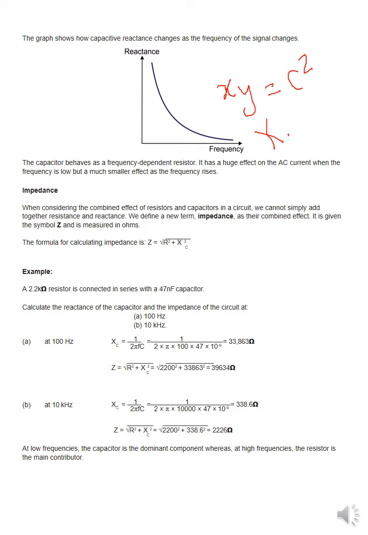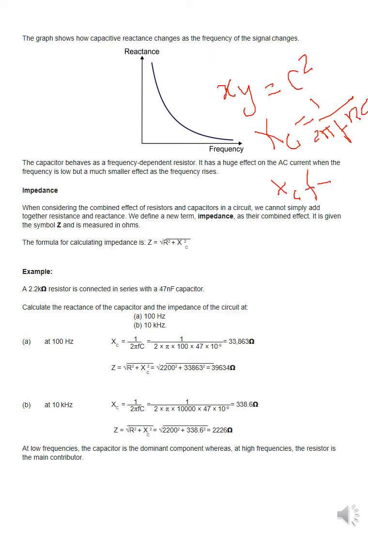So if I compare, your XC is equal to 1 upon 2 pi f C. So what we are doing is plotting your reactance with frequency.